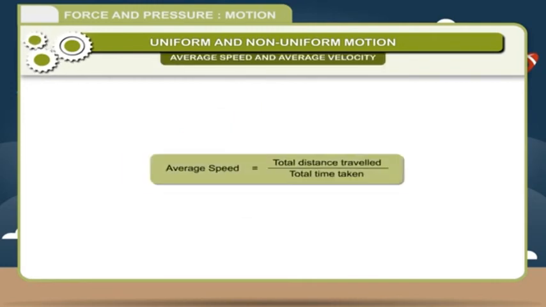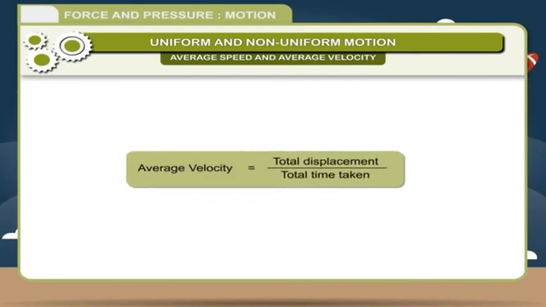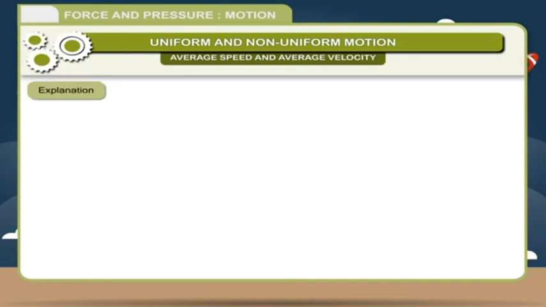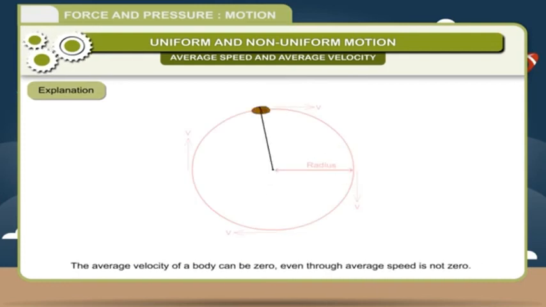Average speed is equal to total distance traveled divided by total time taken. Average velocity is equal to total displacement divided by total time taken. Explanation. The average velocity of a body can be zero even though average speed is not zero.